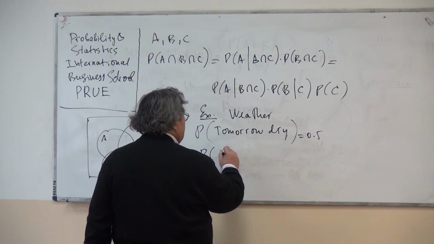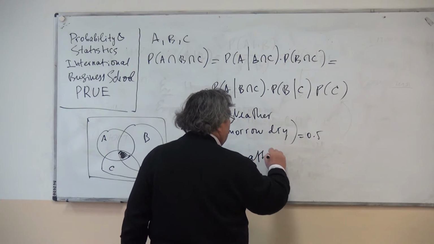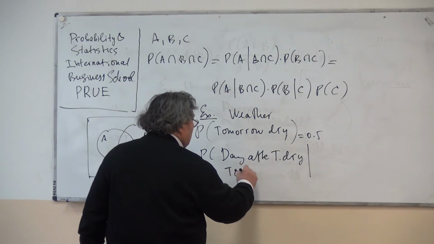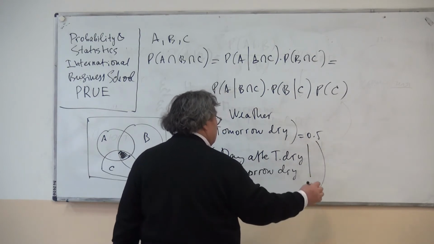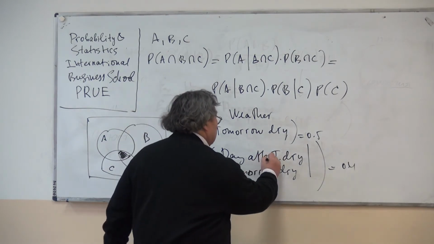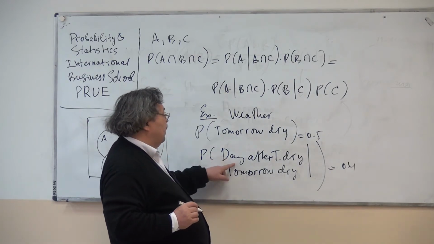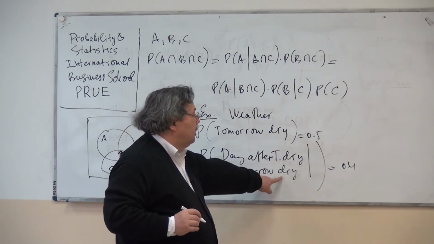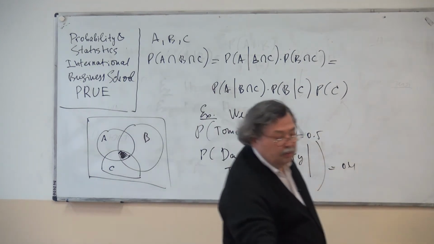So, day after tomorrow dry, given that tomorrow is dry, is cited as 0.4. Okay, again, a not very well written phrase. So the probability that the day after tomorrow will be dry, given that tomorrow is dry, is estimated to be 0.4.